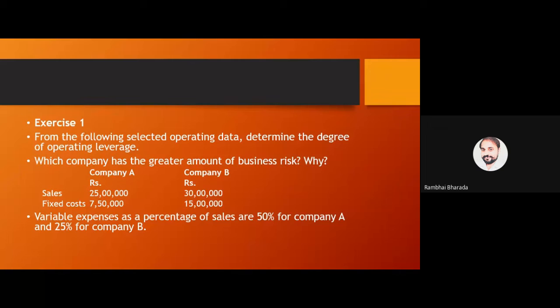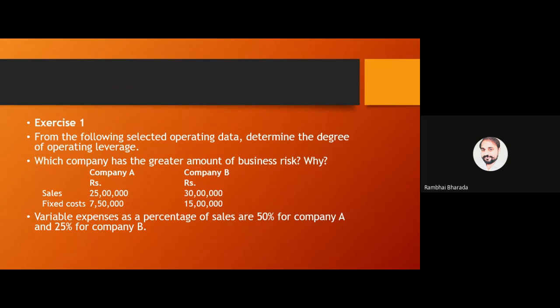Your sales is 25 lakh, so variable cost is equal to how many? 12 lakh 50,000. And your contribution will be 12 lakh 50,000. Are we clear about the company A contribution?